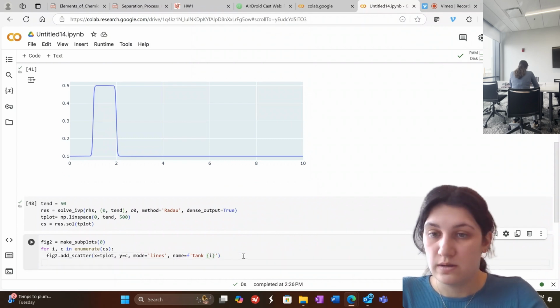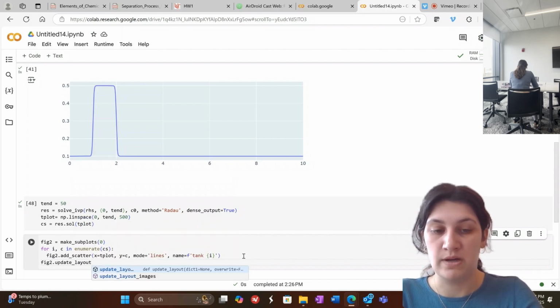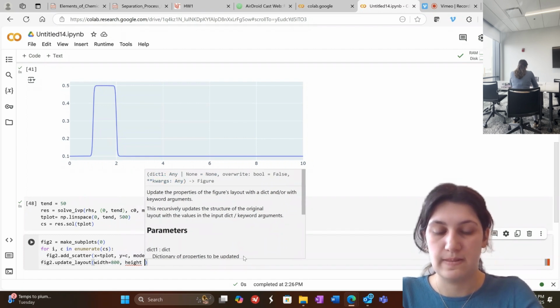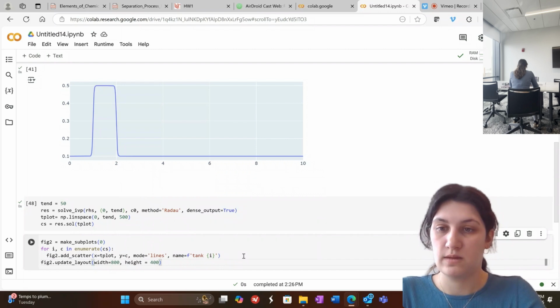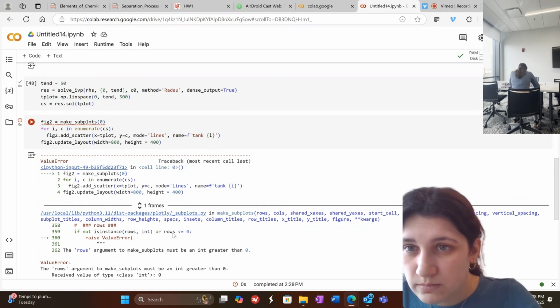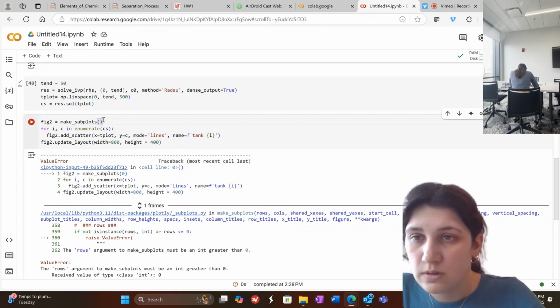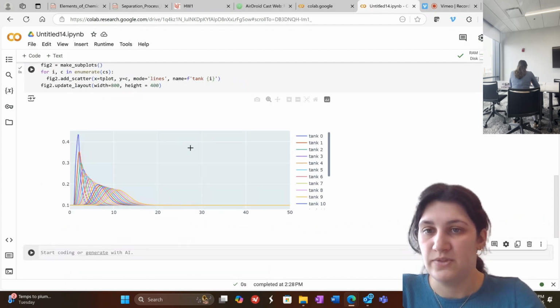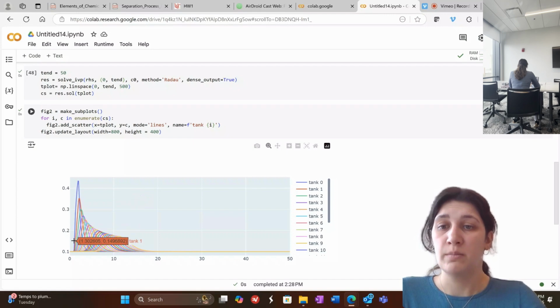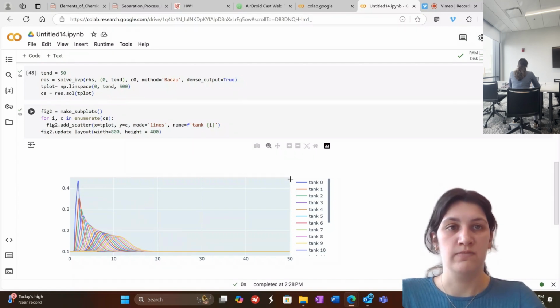And we're just going to update the layout so we can see it a little bit better, as usual. There we go. Now we have our graph with our time on the x-axis and our concentration here, and we can see how this pulse affected the concentration in each of the tanks.